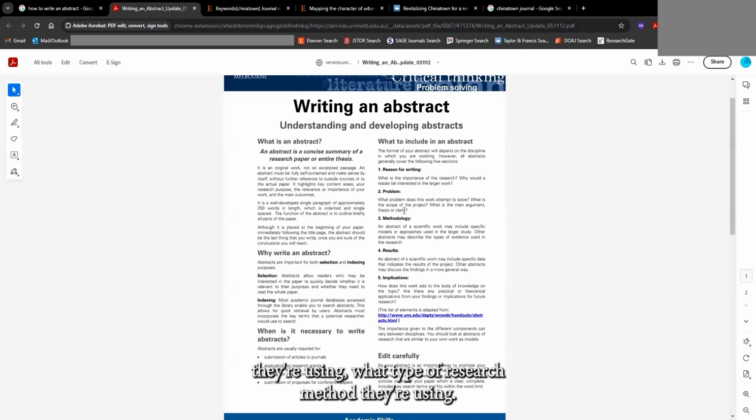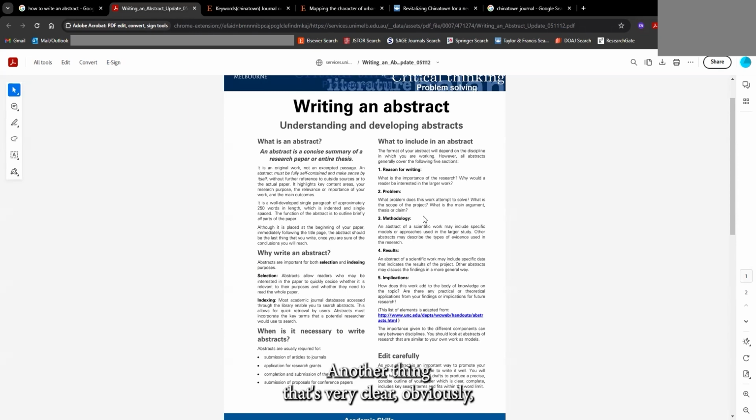What type of data they're using, what type of research method they're using. This should be very obvious in their abstract, no matter what they've done for the context part. Some people ignore the context completely. Some people write 10 sentences here and there, but make sure that you look out for the methodology. Usually it's a very clear sentence.